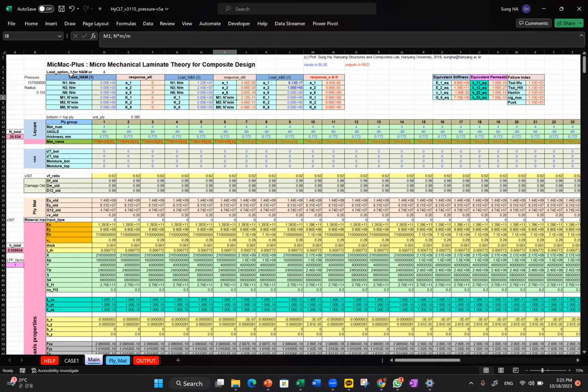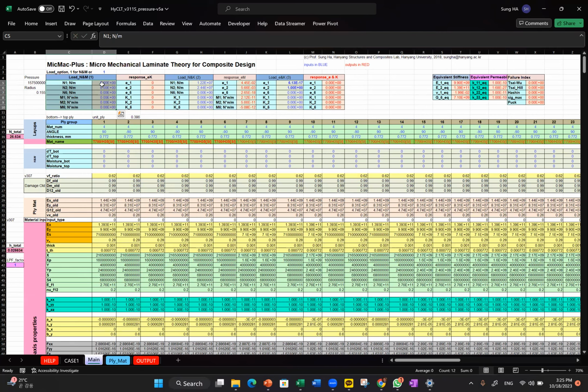We will come to these options later on. We'll discuss more about the other options, but today let's focus on option one. Option one means that, as discussed last time, we are entering loads N1, N2, N6, and moments M1 to M6.